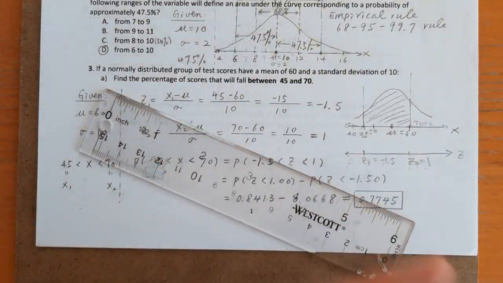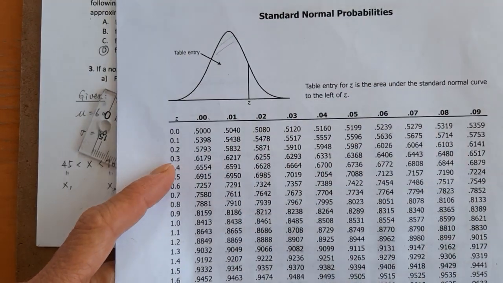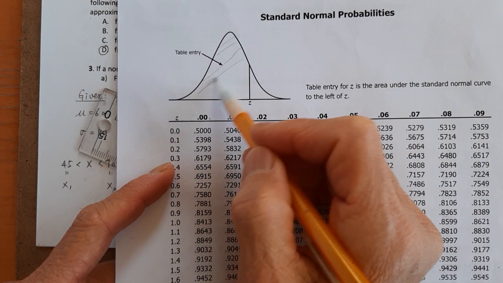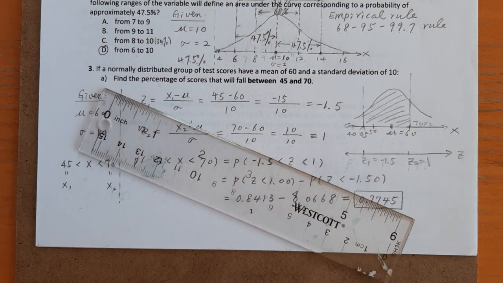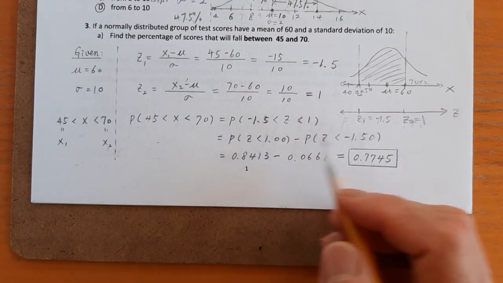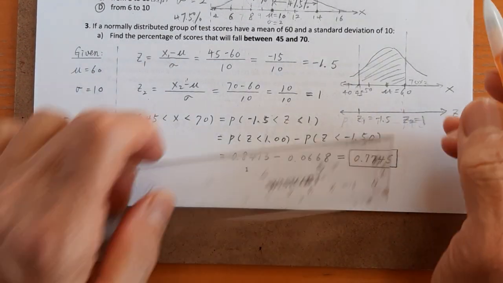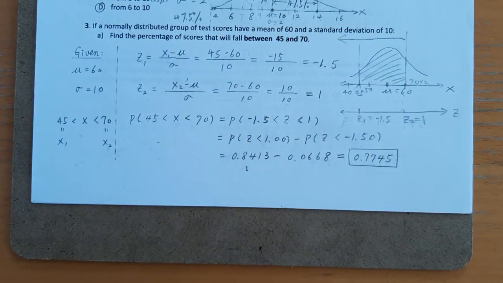And the other side is also to the left of it. So we need to convert this to the probability of Z less than 1, which is this area to the left. We can figure it out by the table.